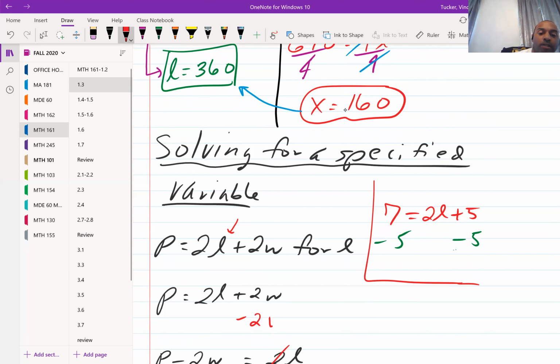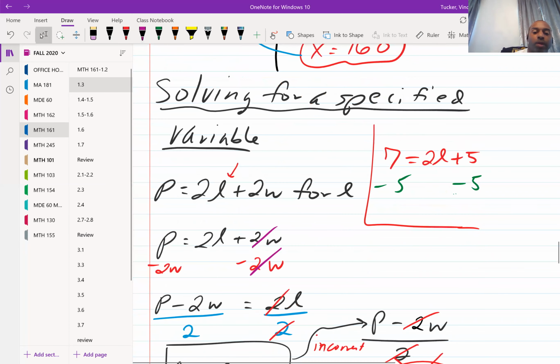I'm going to subtract this 2W from both sides of the equation. So the 2W's cancel on the right, leaving me with just 2L. And then on the left, P minus 2W is all I can do with that. I cannot combine them, I don't have like variables. So all you can write is P minus 2W.